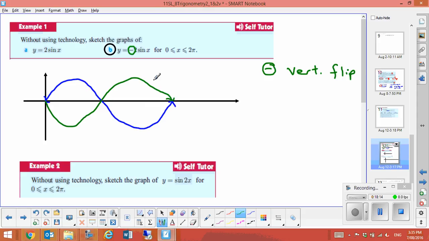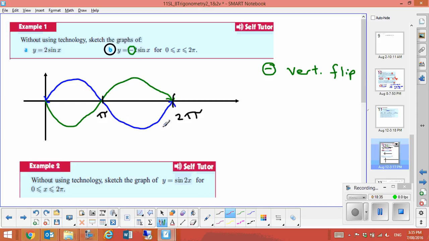I don't have any B values or anything there to change the period, so my period still here is at 2 pi, and that's pi. So there's no change to the period. I've had a vertical reflection.